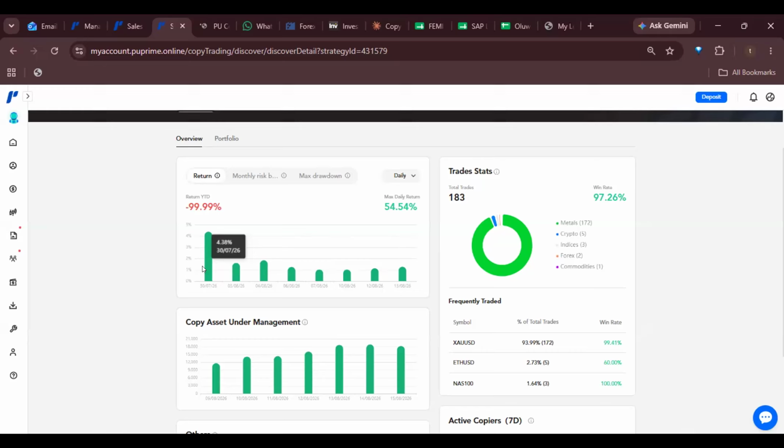Of course, much more money from different corporate traders.